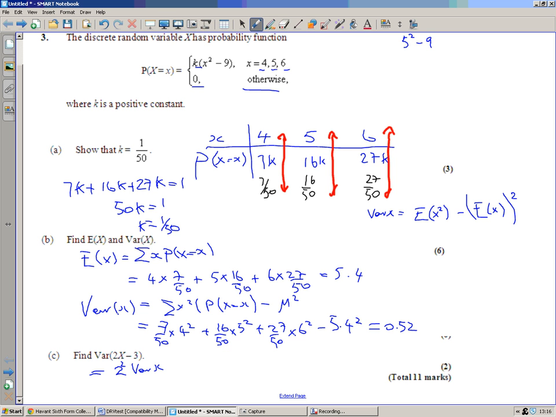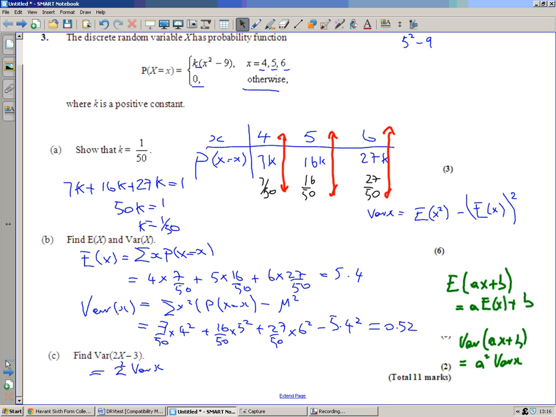If we've got a linear combination of a discrete random variable, the expectation needs the b, but for the variance of ax plus b, we need a squared times the variance of x, and the b doesn't matter.